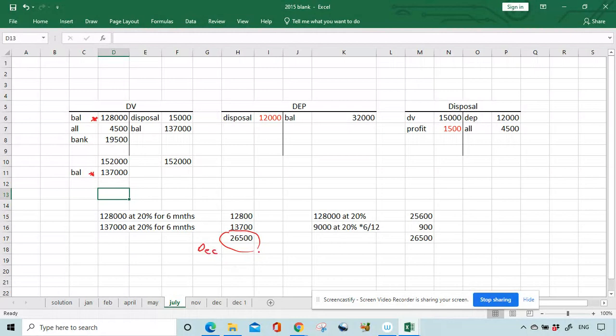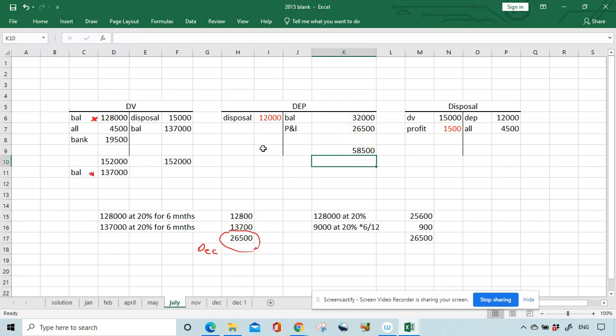Okay, when I get to December, I've already worked that out. Why have I done that? Because I can just finish off the depreciation account. So the P&L figure for depreciation would be 26,500.